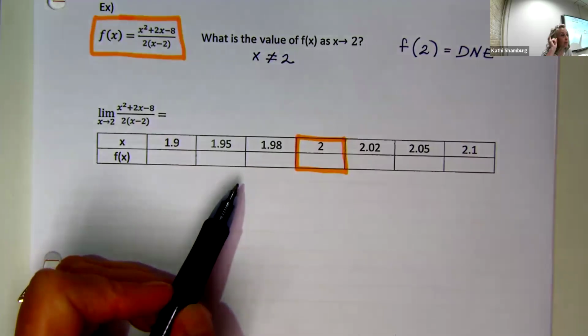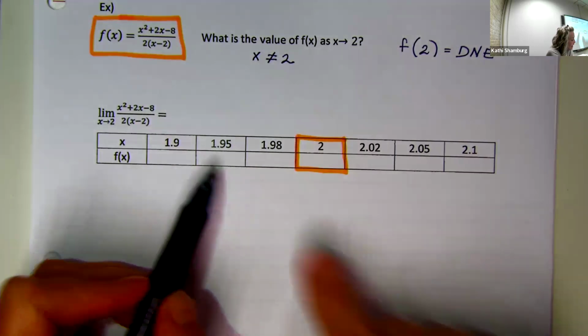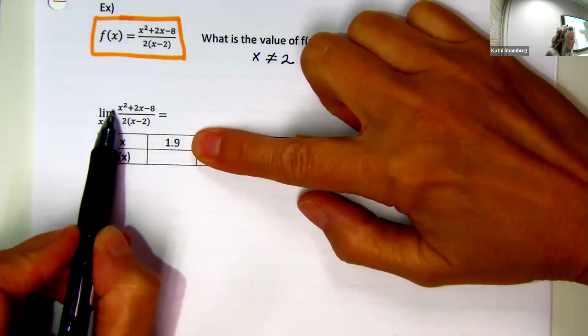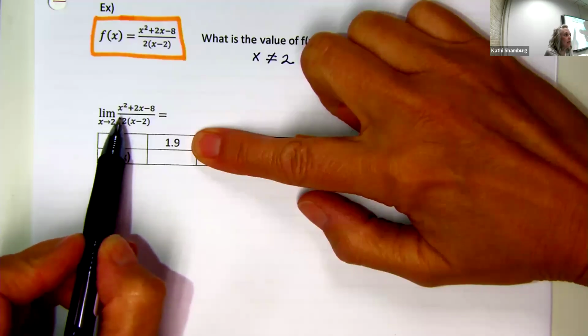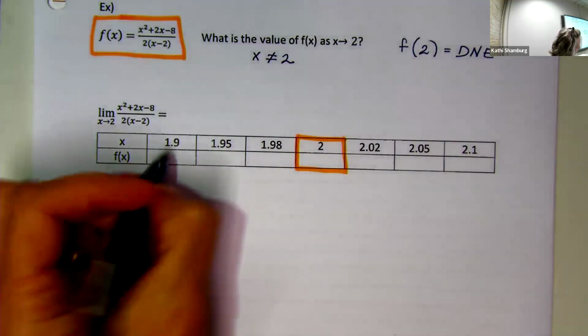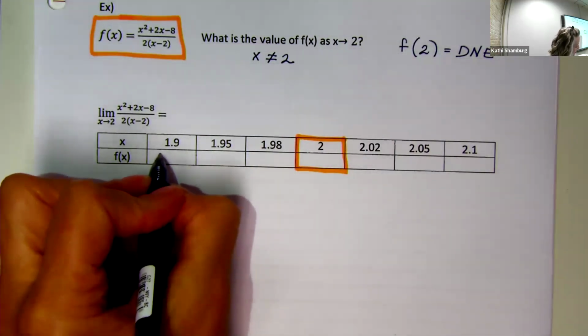I will say, perk up and listen, because it may affect you in a web assignment, a quiz, or a test. If this were a negative and you have it squared, you better put negative 1.9 in parentheses, because if you plug it into your calculator without them, it's going to spit out a negative number. You have to put it in parentheses because that's technically positive. So be careful on that. All right, here are the outputs starting from the far left.